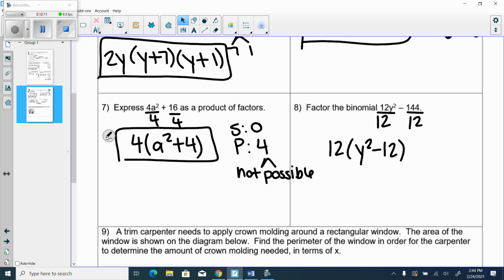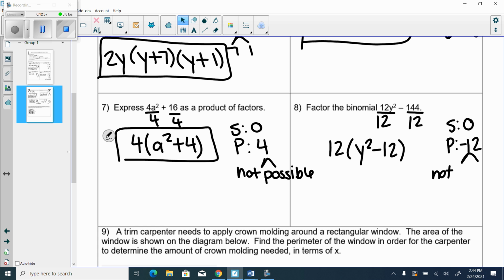Okay, so I have a sum of 0 and a product of negative 12. Is there anything that multiplies to give me negative 12 but adds to give me 0? This doesn't work either.